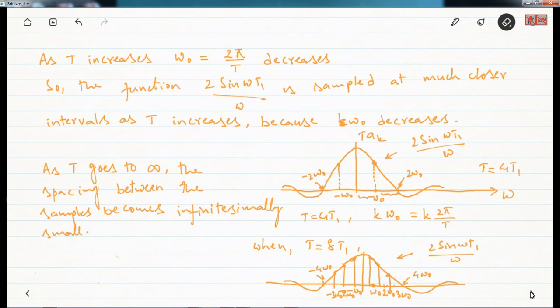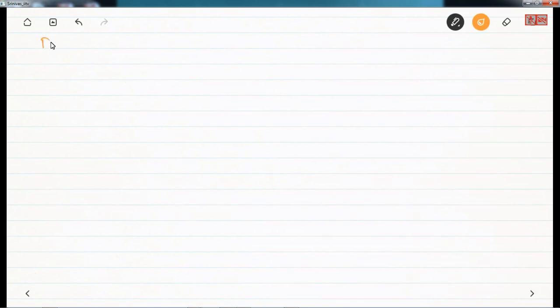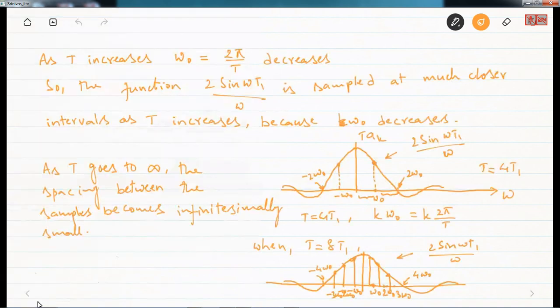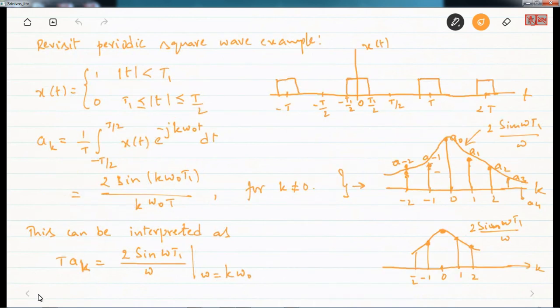So let's go ahead and define a Fourier transform. What I tried to motivate in the previous example, if you are confused about what we did in the last two pages, is this: we have taken a periodic signal and made the period go to infinity.